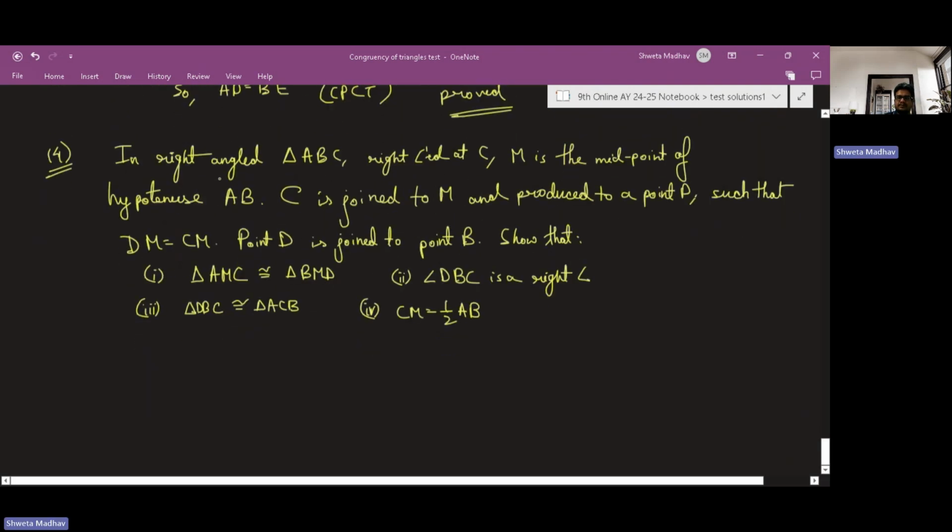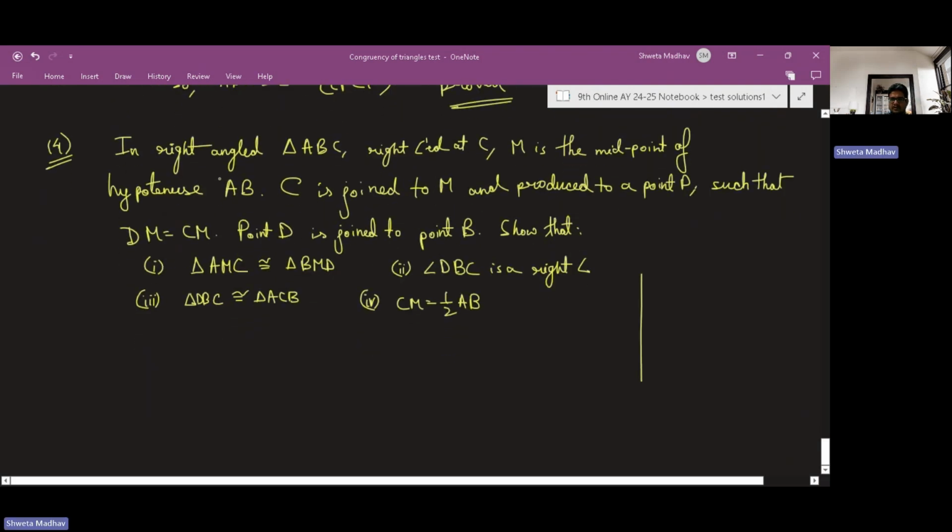So the figure is like this. D, A, B, C, M. M is the midpoint of AB.